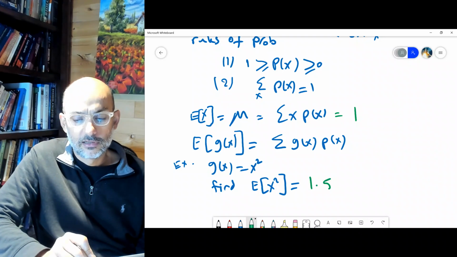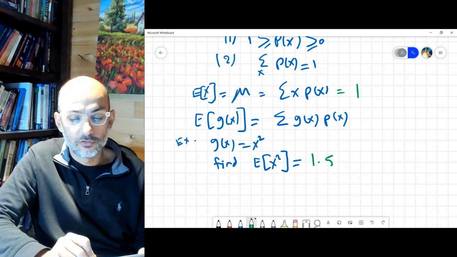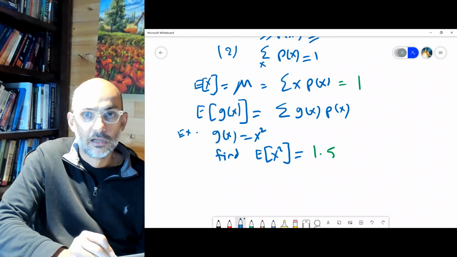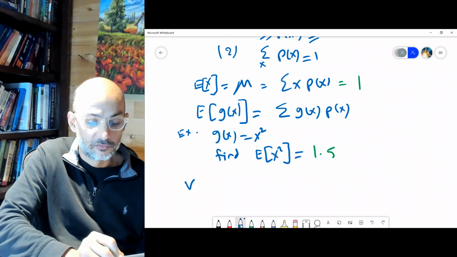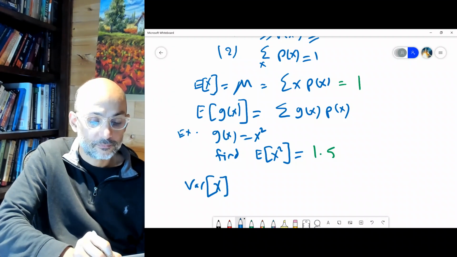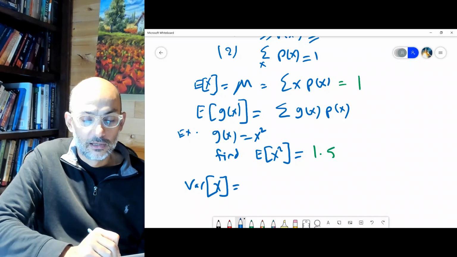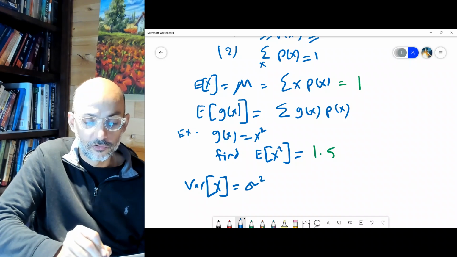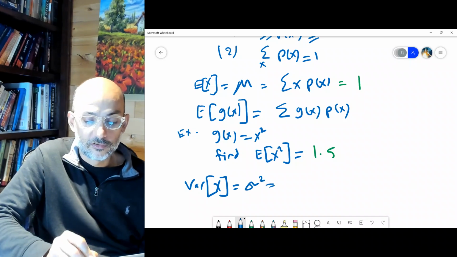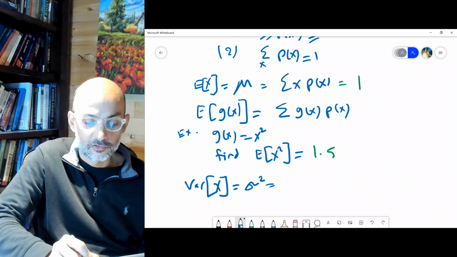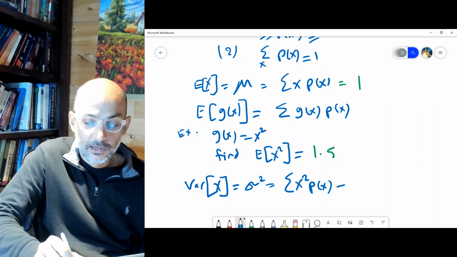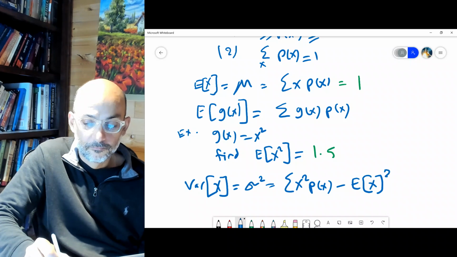And why is this important, x squared? Because we will use it to compute something very important, which obviously you know in statistics, is the variance. So variance of x, right? Variance of x is, well, we use another Greek notation, sigma squared. Sigma squared is defined, and the easiest form for us to look at is the summation of x squared p(x) minus the expected value of x, or mu, raised to 2, right?